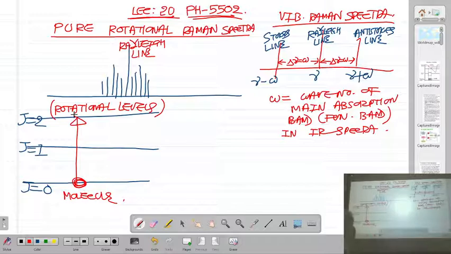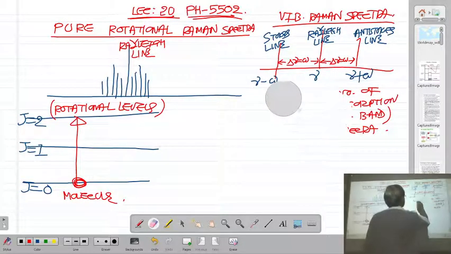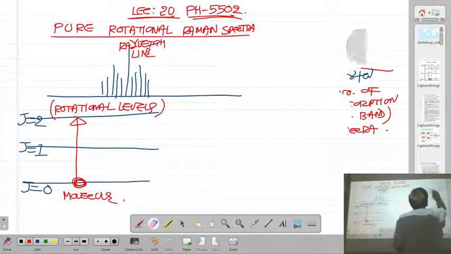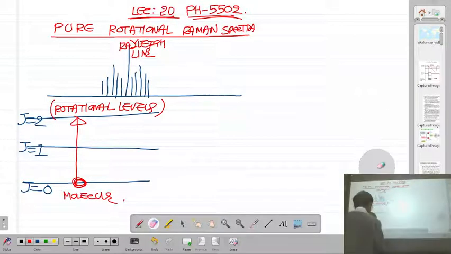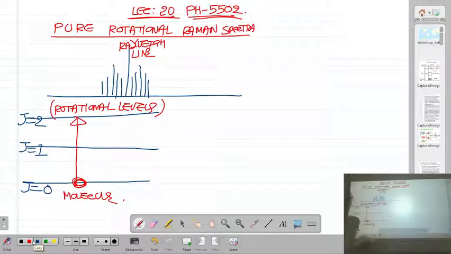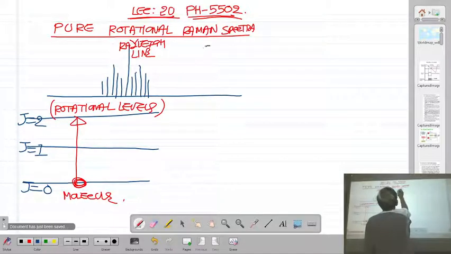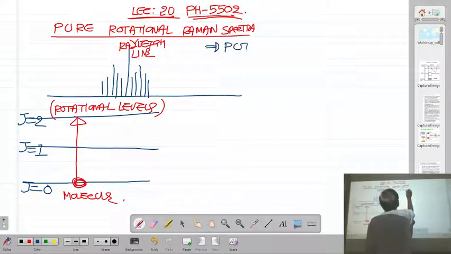Okay. So first of all, we write down some important points. Pure rotational Raman lines.